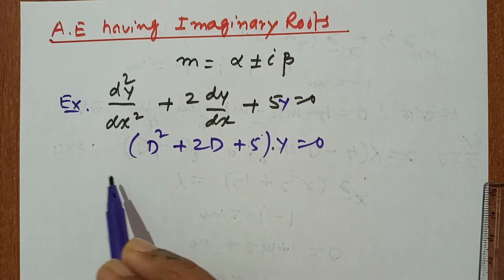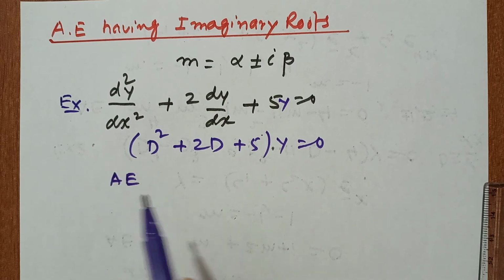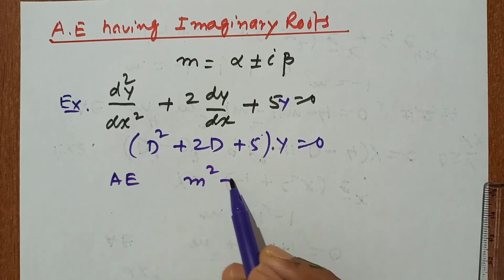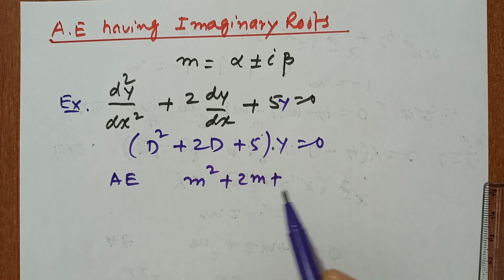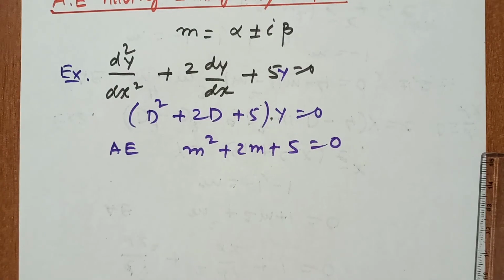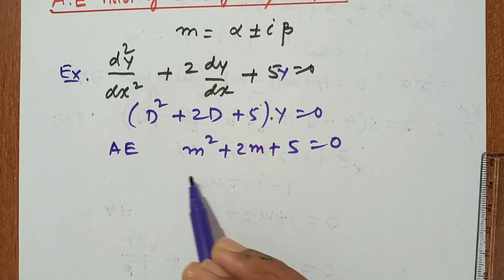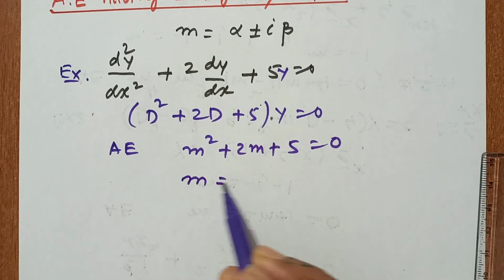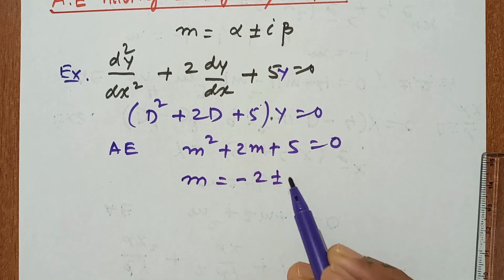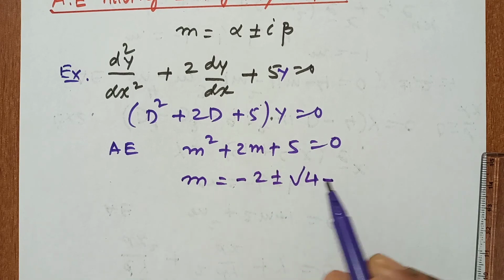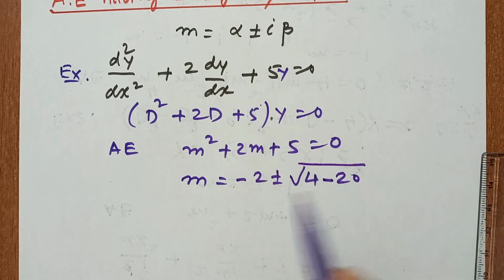Now what is the auxiliary equation? m square plus 2m plus 5 equal to 0. So here we will solve m is equal to minus b plus minus square root of b square minus 4ac upon 2a.